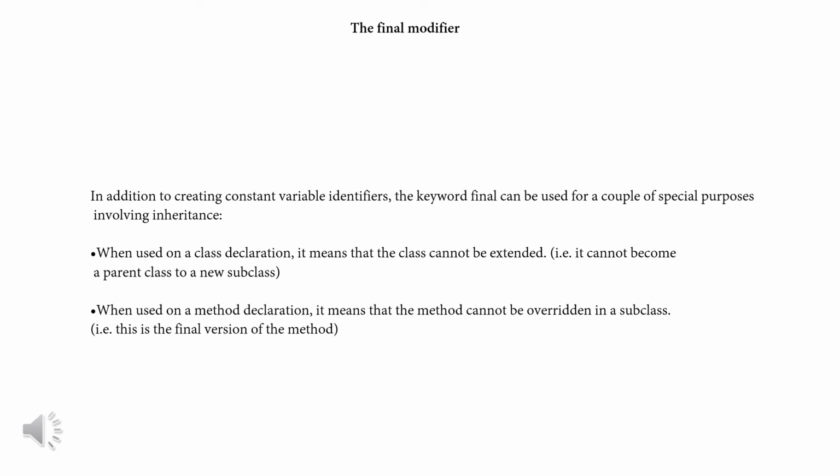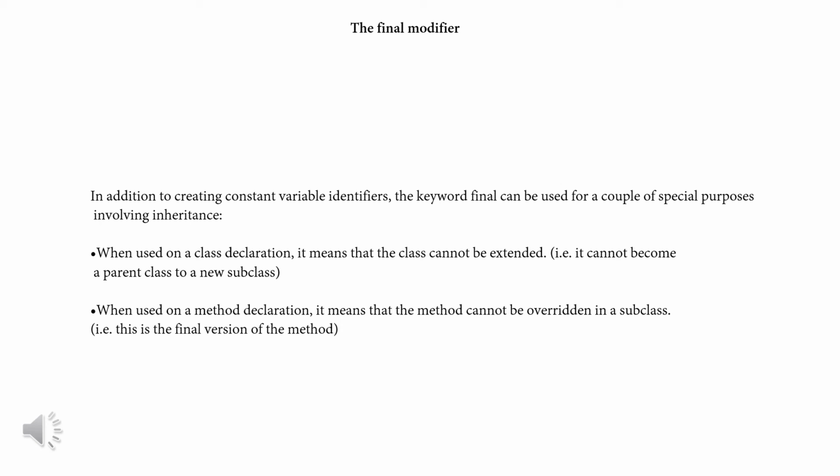So we have another modifier which is final. I think you remember from the previous sessions I mentioned that we can use this modifier, this keyword, when we want to make, for example, a variable to be constant.